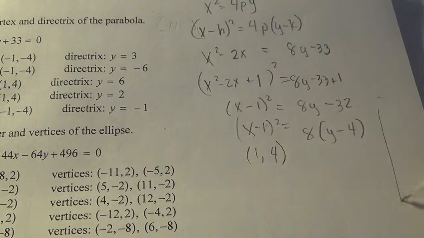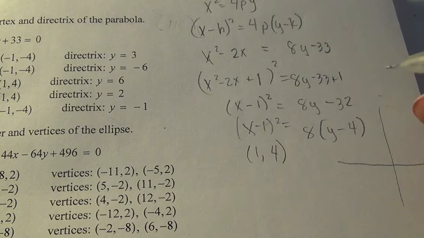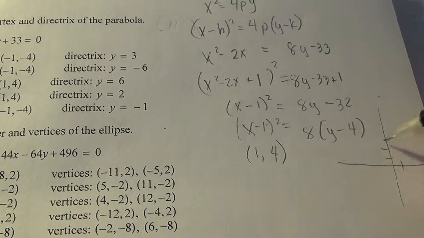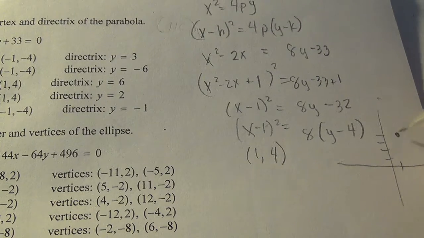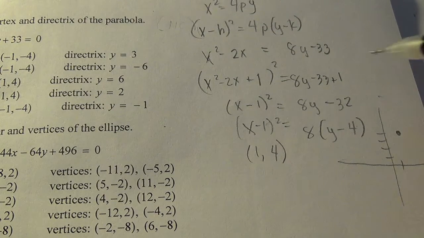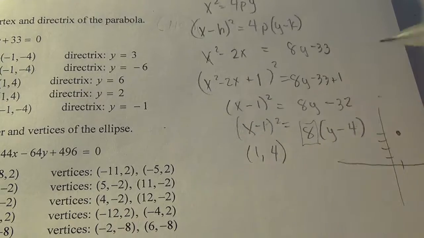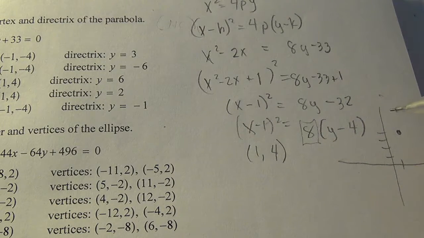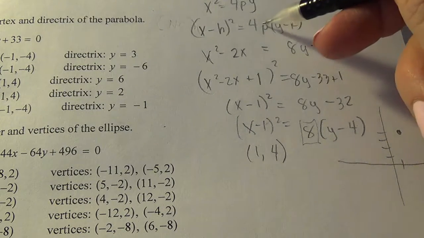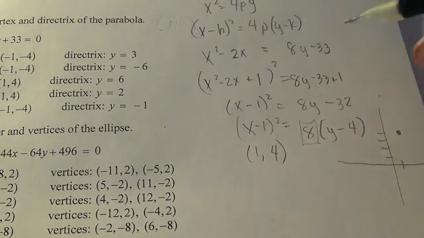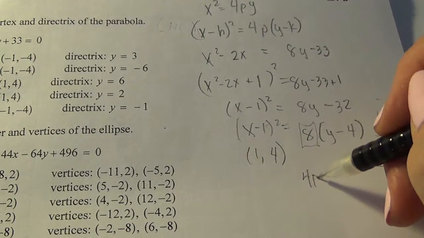So I know that the directrix is, if this is the vertex, then I know the directrix is, the secret to that is in here. And it comes from a quantity called p. So you can see 4p is taking the place of 8. So 4p equals 8.